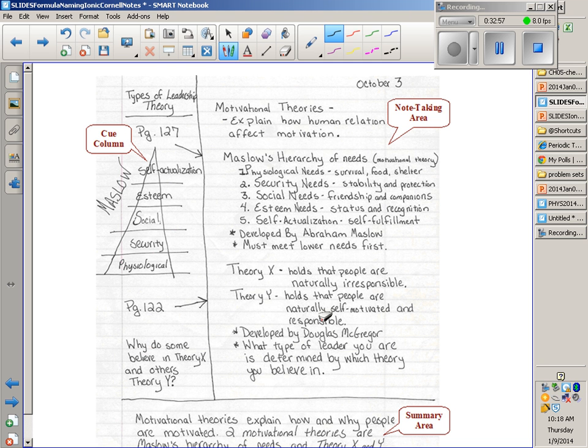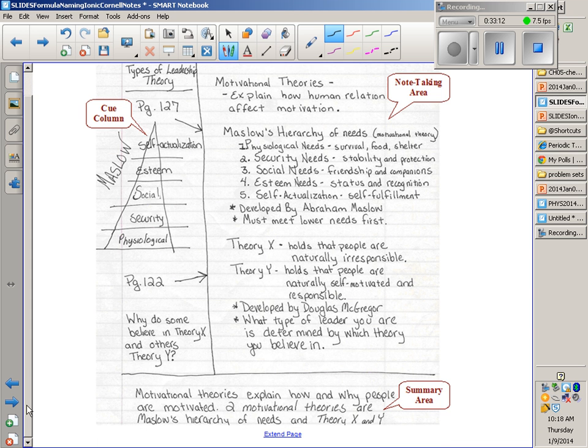On the right-hand side, this is labeled the note-taking area. That's where we add details to the main ideas that we put over here on the left. Down at the bottom, summary area. Generally, what we want you to do at the end is once you've taken your cues, your main ideas, you've added some detail, now write a sentence or 2 that summarizes what you did.